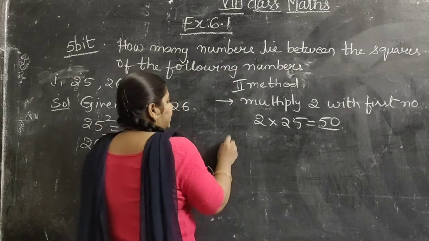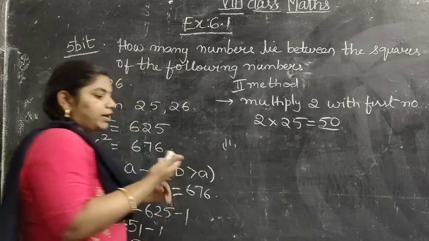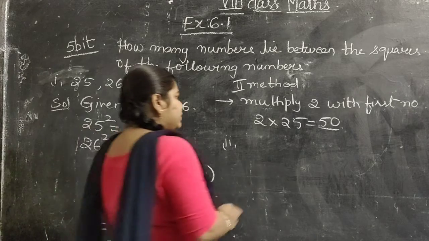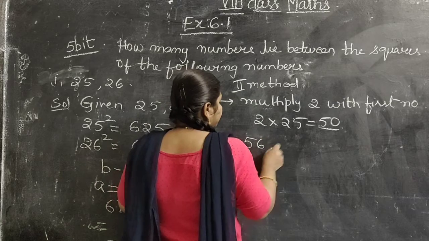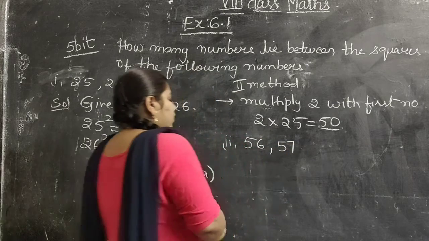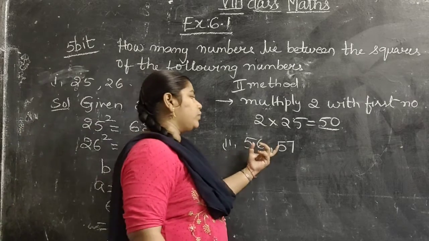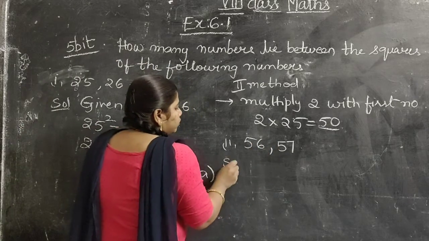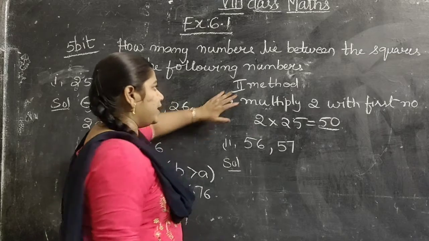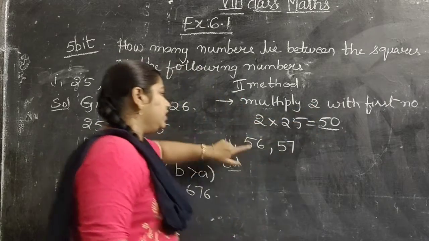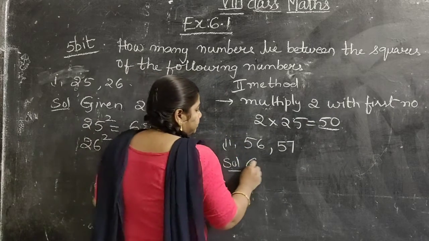So next is second one. So I am continuing with second method only. So here, second one is 56 and 57. So what we have to find? We have to find how many numbers are lying between these two square numbers. I am applying second method here. So what we have to do? We have to multiply 2 with the first number.